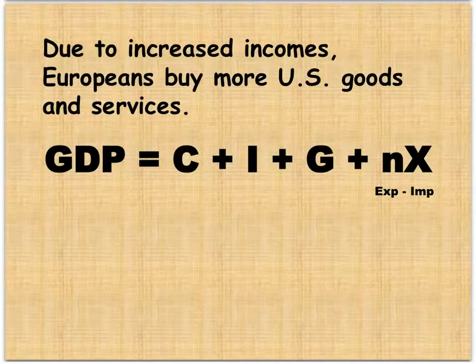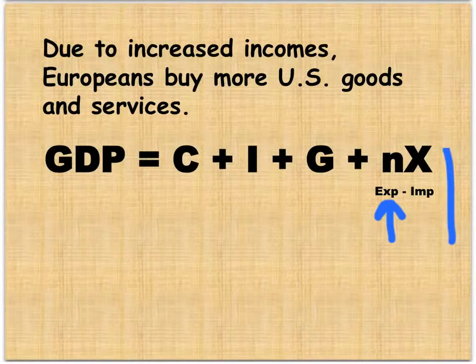Due to increased incomes, Europeans buy more U.S. goods and services. Well, that means our exports are rising, and therefore net exports is rising, and therefore GDP is also going up.